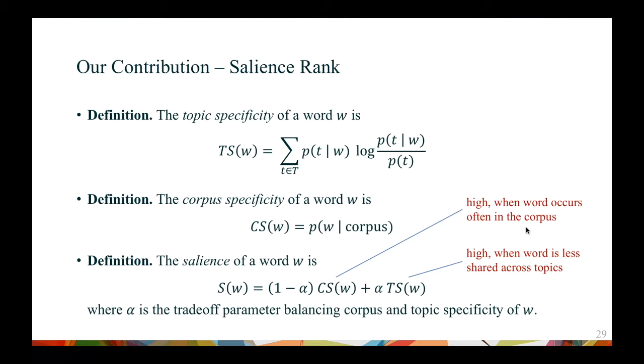The key idea is to distinguish between topic and corpus specificity, but the exact definition of the two can change. For example, instead of the raw frequency of the word, I could use log-scale frequency, or TF-IDF-based frequency. That is also possible.